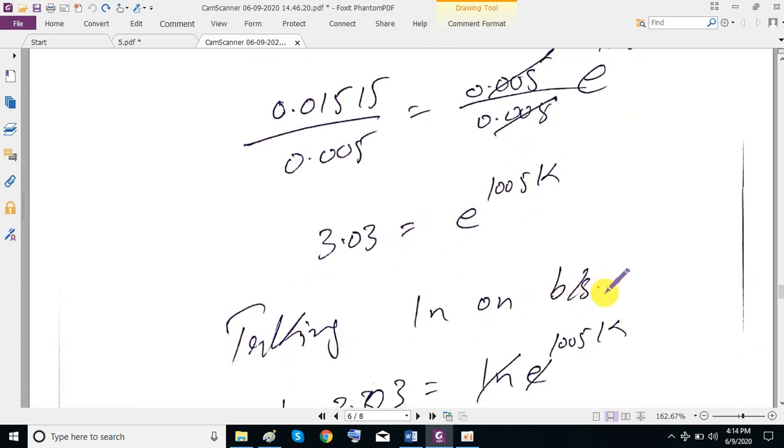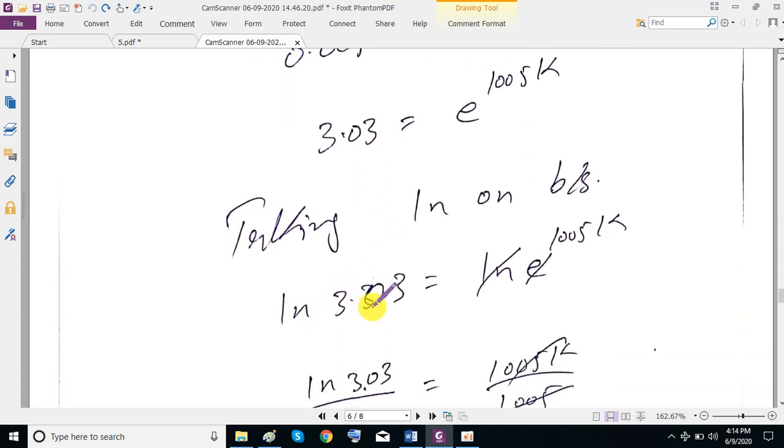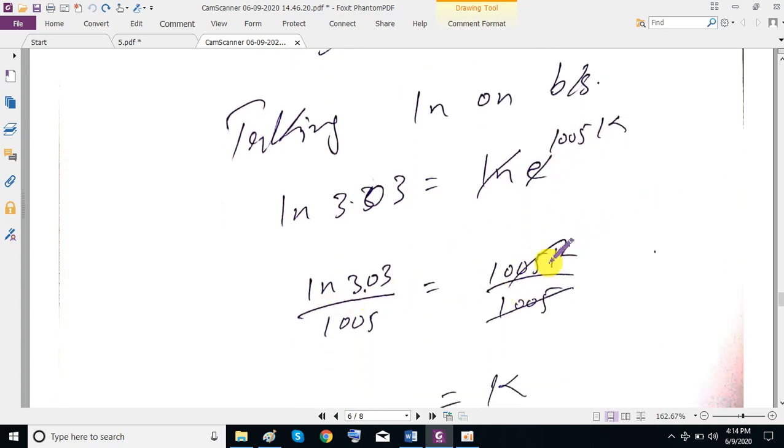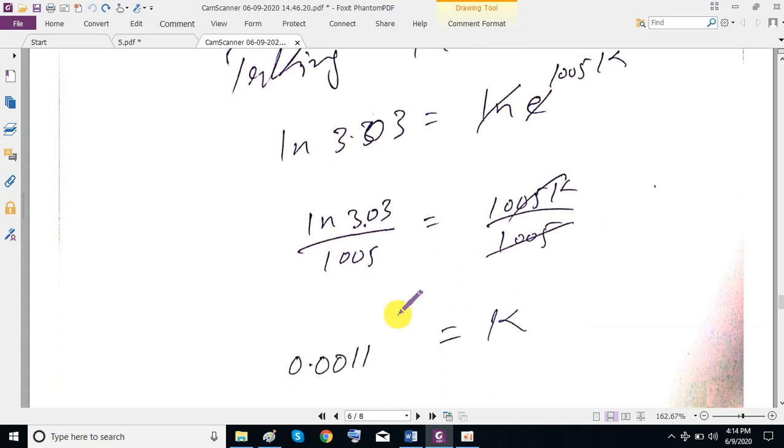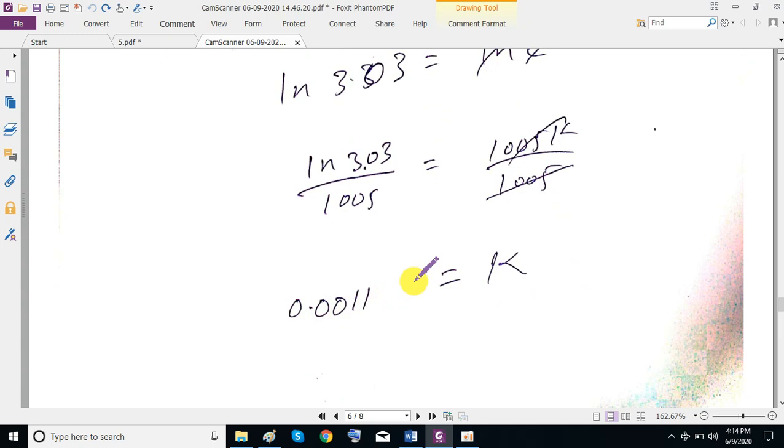Now taking log on both sides, log of 3.03 equal to log e power 1005 k. So it cancels the exponential and both sides divided by 1005. We get the value of k which is 0.0011.